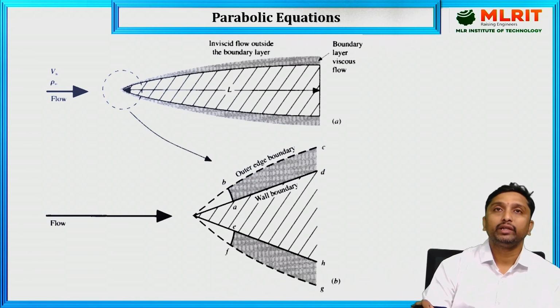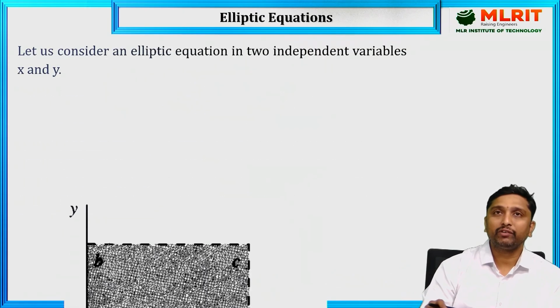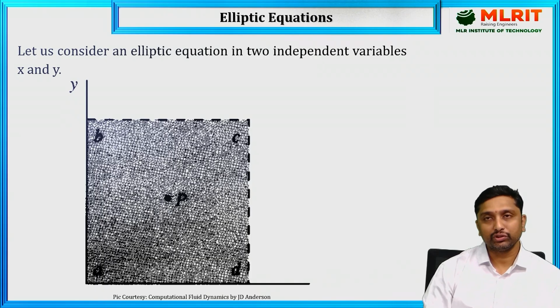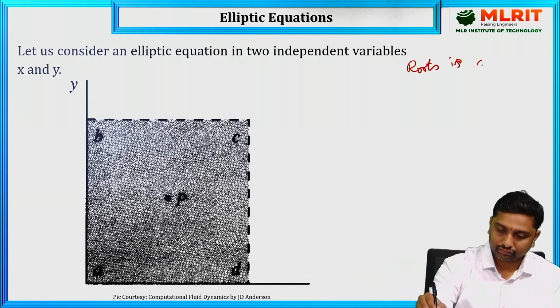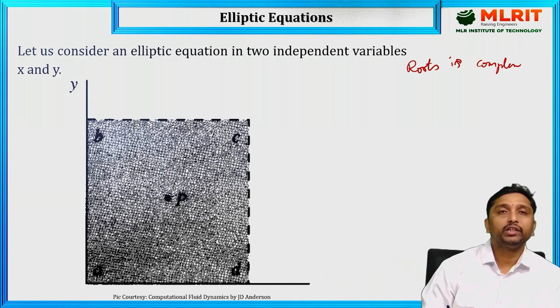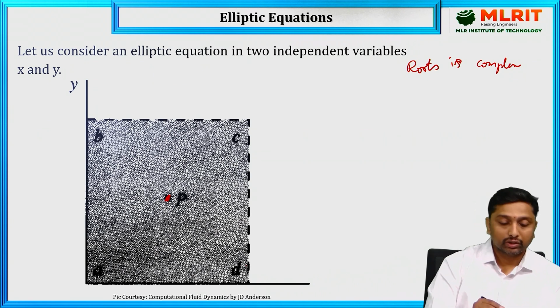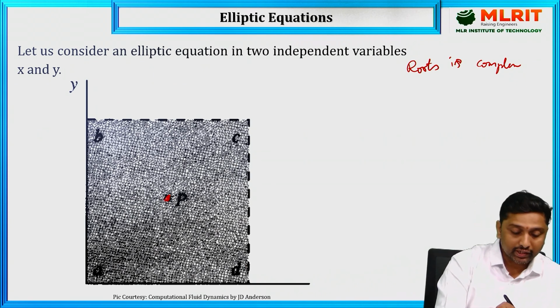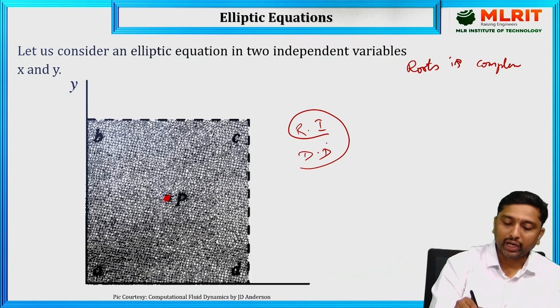Now coming to the next, which is elliptic equations. Elliptic equations are slightly different when compared to these two. The nature of roots is complex, which emphasizes that the disturbance, if I create it, behaves unlike the previous cases, where my region of influence and domain of dependence are separated.